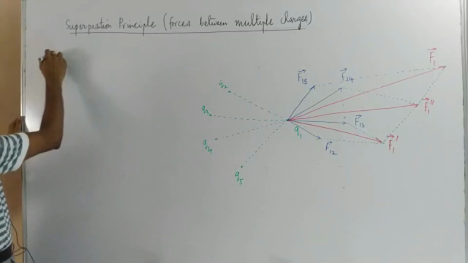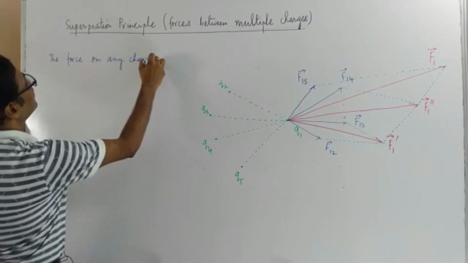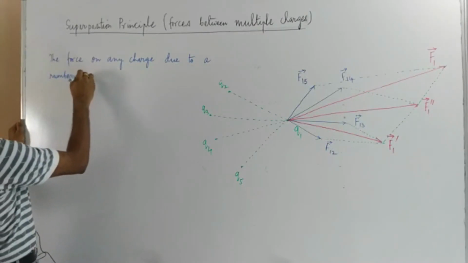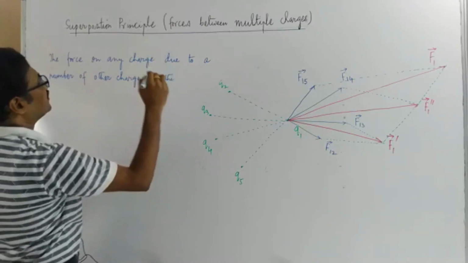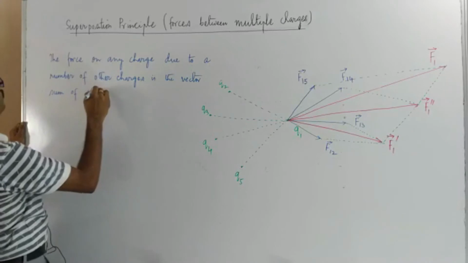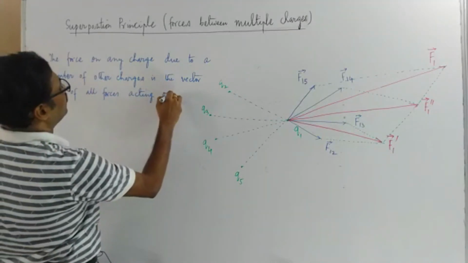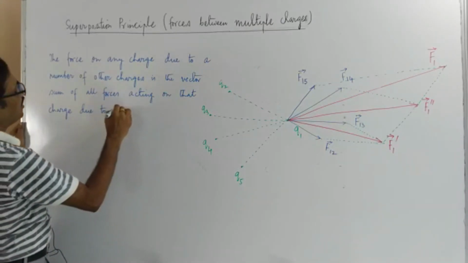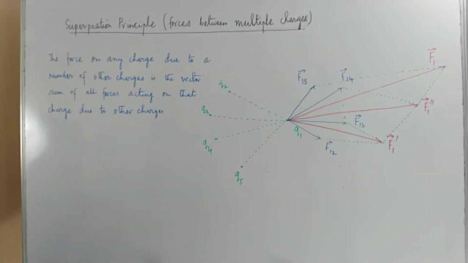Okay. It states that the force on any charge due to a number of other charges is the vector sum of all forces acting on that charge due to other charges acting one at a time.